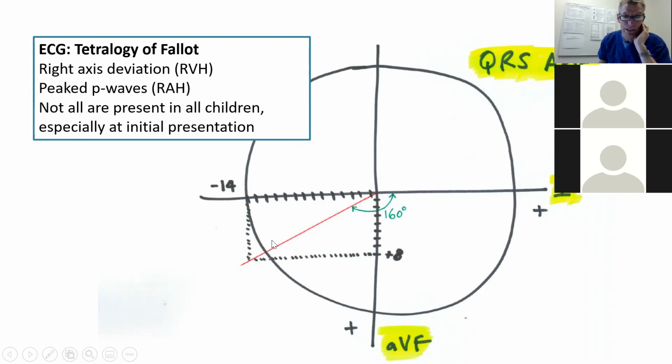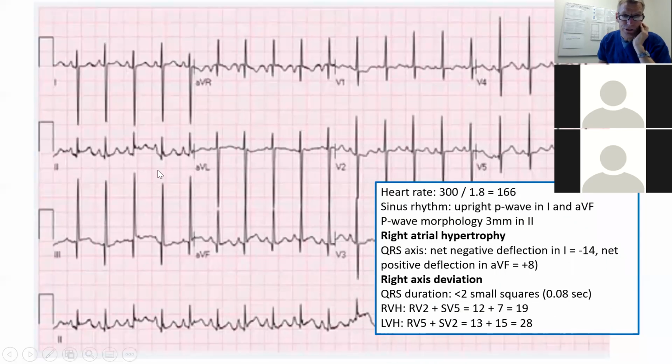Remember I said last week that you can have a right axis deviation in infants up to 2 years of age, but over 160 would be a large right axis deviation. So this child's got peaked P waves, he's got a right axis deviation, and has he got right ventricular hypertrophy?